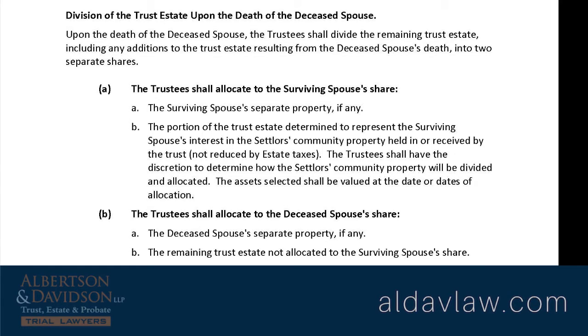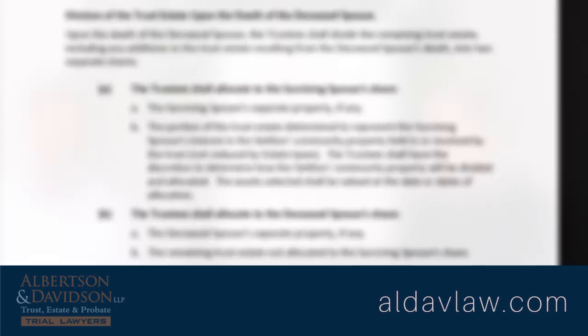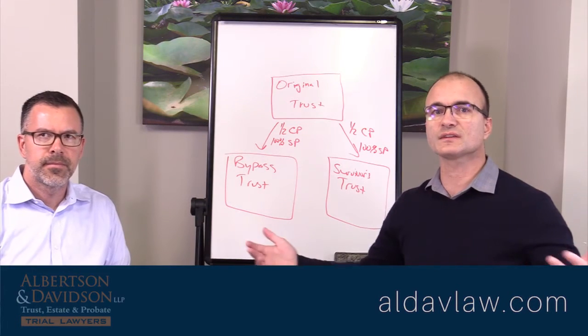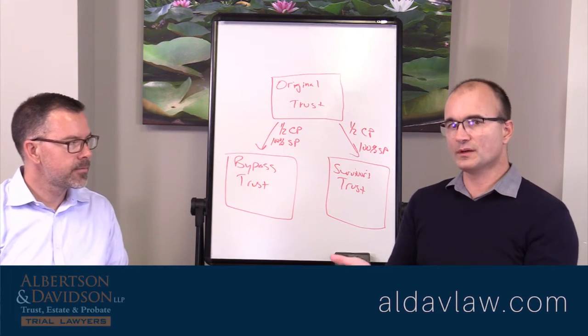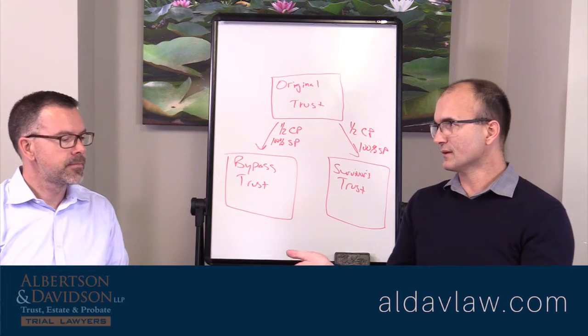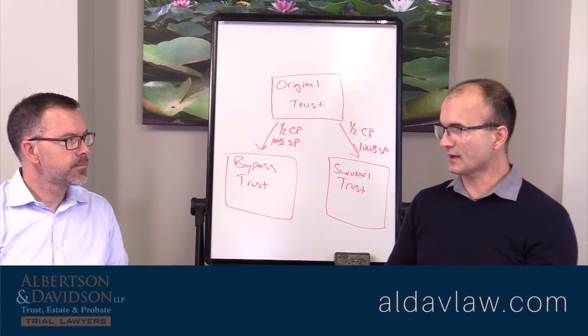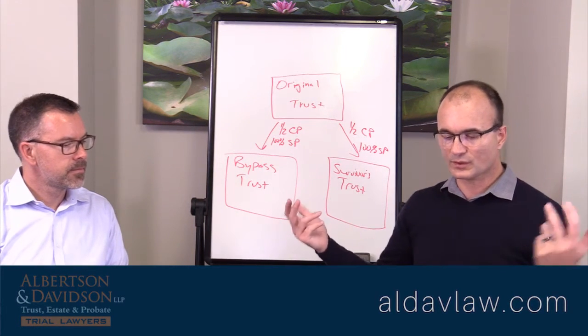So the survivor's trust is going to get one half of the trust estate, and the deceased spouse's share is going to get the other half. Most of these cases are community property, right? Community property means each spouse owns half. So half goes here, half goes there.